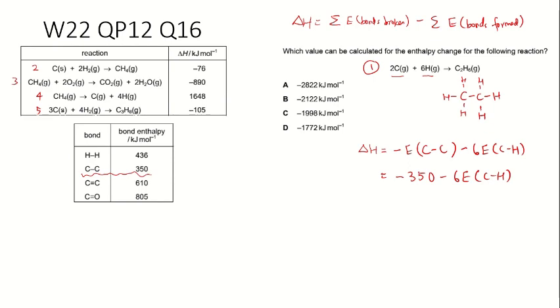Which one has the closest type of reactants and products compared to reaction 1? In reaction 1, we have gaseous carbon, gaseous hydrogen, and then it forms an alkane molecule. If I look at reaction 2, it looks quite similar. I have carbon, I have hydrogen, then I have a hydrocarbon. But the problem here is that in reaction 2, carbon is a solid.